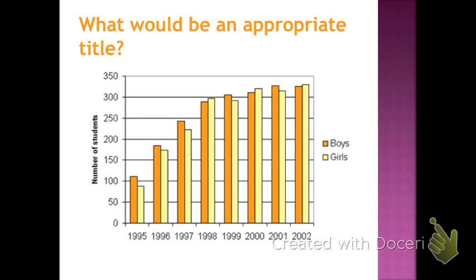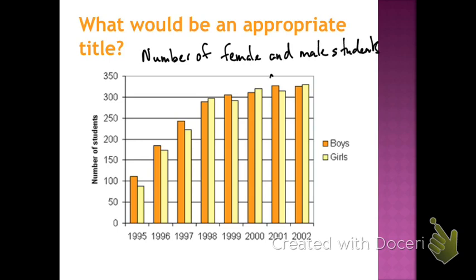So we can say maybe number of female and male students over time. Something like that.